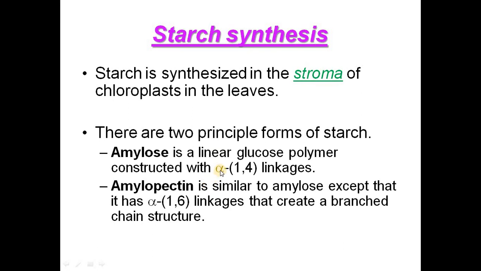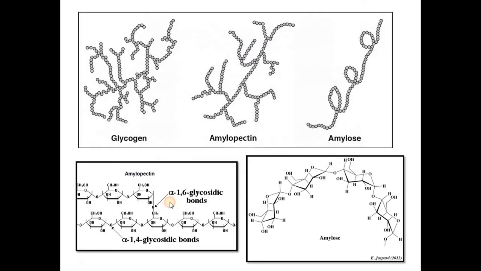So the glucose molecules are connected with the alpha 1,4 linkages in amylose, and the amylopectin is connected with the alpha 1,6. Don't get confused. This means that at the branching point, with the amylopectin, we have the first and the sixth carbon that are being connected, and here we have the first and the fourth carbon from the glucose being connected. So this is amylopectin and amylose. And of course, glycogen, which is even more branching, is the storage material of animals.